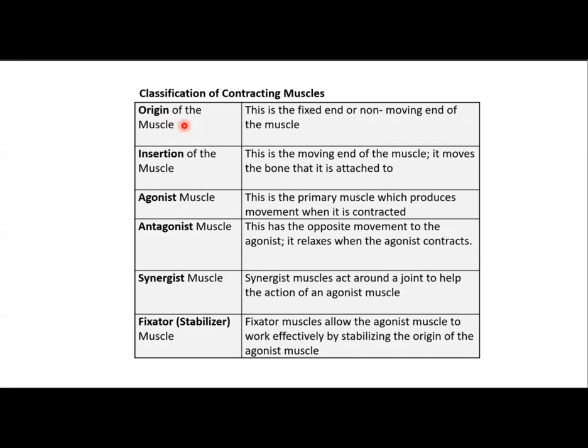The insertion is that part of the muscle which, when the muscle contracts, when the muscle shortens, actually moves, let's say, the arm or the limb, okay? So that one is the moving end.